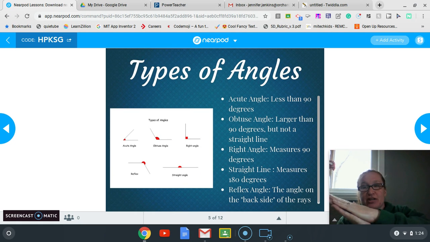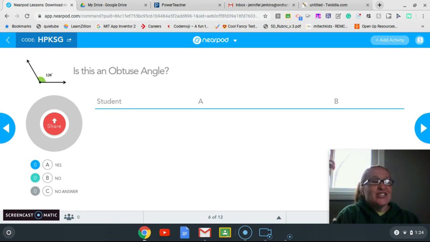So when we're thinking of measuring angles, it's our starter ray, and you're measuring how far the second ray will open up. So on our straight line, it opens up all the way, and that's how you have a 180 degree angle there. All right, so if you look at this angle you're measuring, you always put the measurement there.